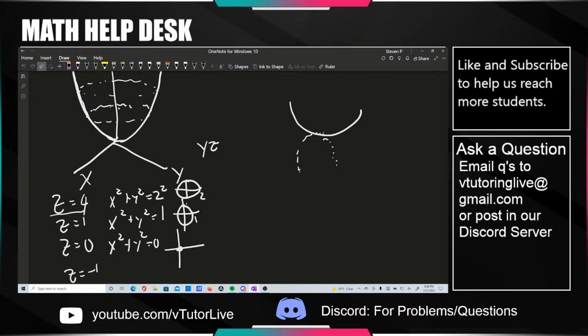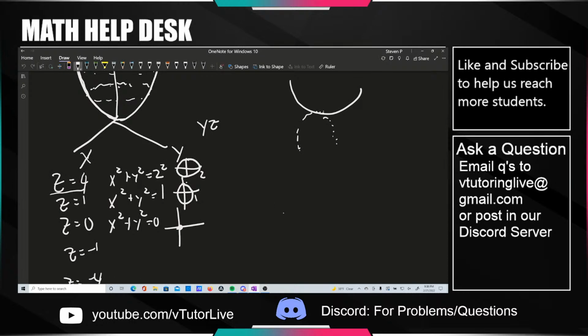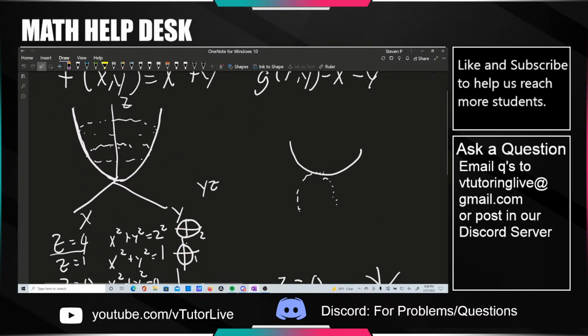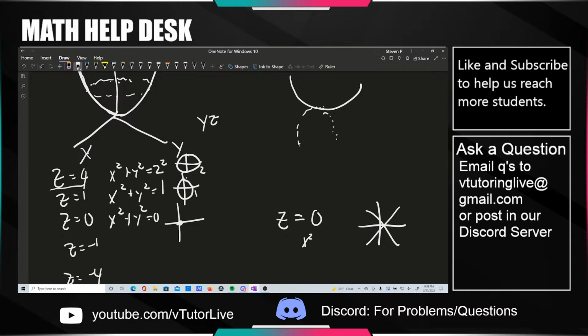And for this one over here, the traces from the XY plane are a little bit nasty, but I think you've done this one before, right? For z is equal to 0, this equation over here just turns into 0 is equal to x squared minus y squared, which is the same thing as x is equal to plus or minus y, which just looks like a cross through the origin.